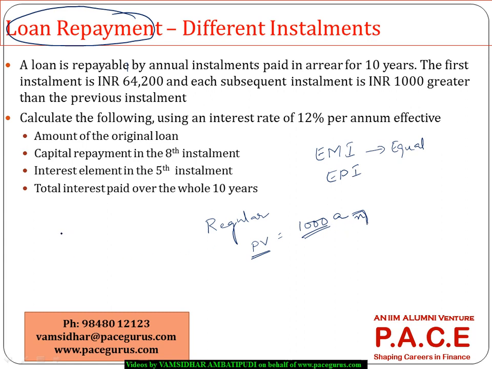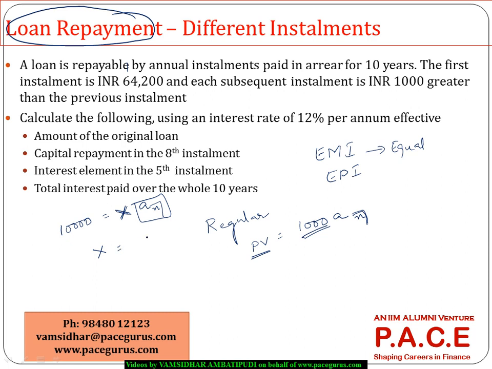Or the other way, if I have taken a loan of 10,000 bucks and I have to pay it in n periods, I will simply say 10,000 is equal to some x times a_n. a_n is nothing but the present value of 1 rupee which is being paid at the end of each period.